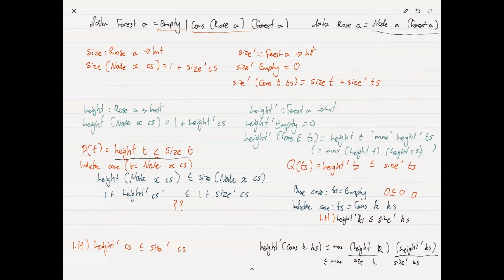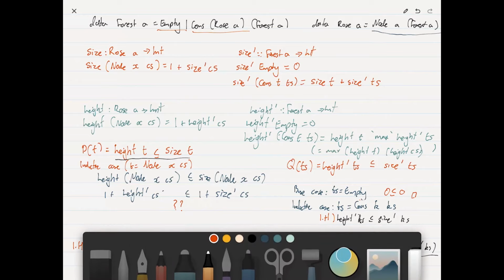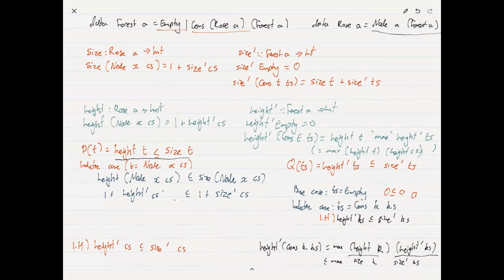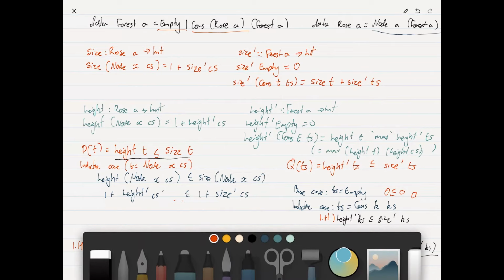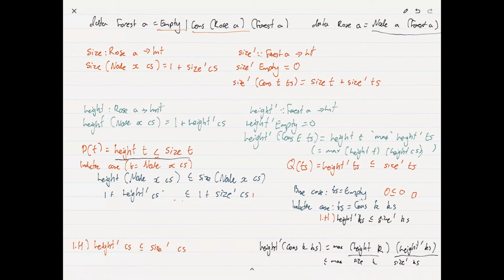So if I use that, then that inductive hypothesis trivially solves, just by adding 1 to both sides of the inductive hypothesis, we get the goal that we're trying to show here. So by the inductive hypothesis, this one holds.